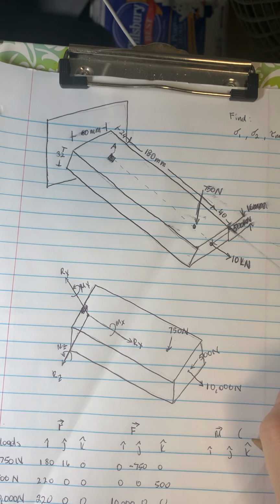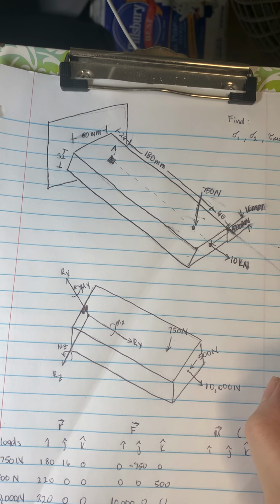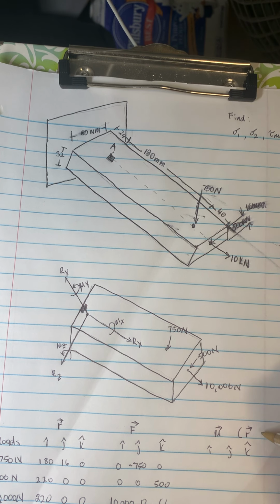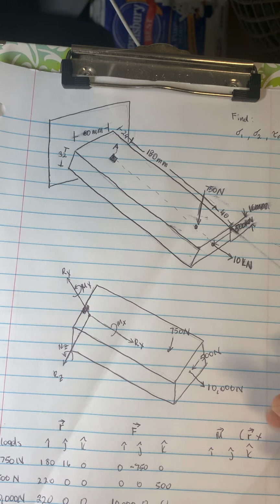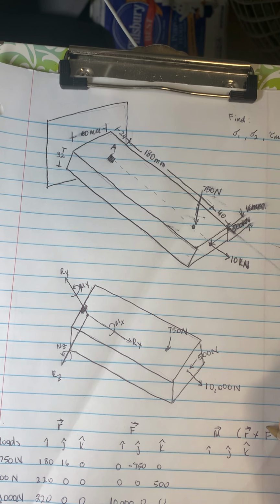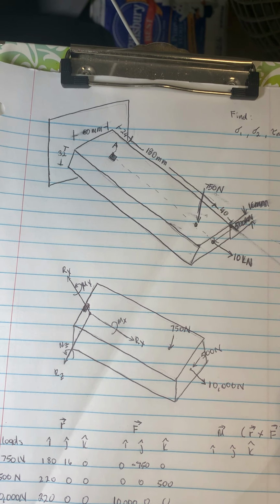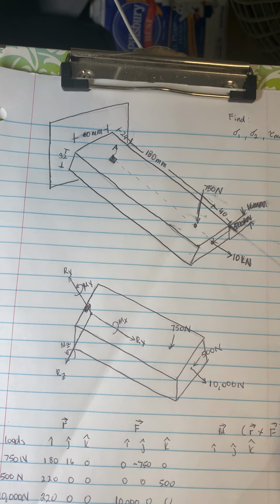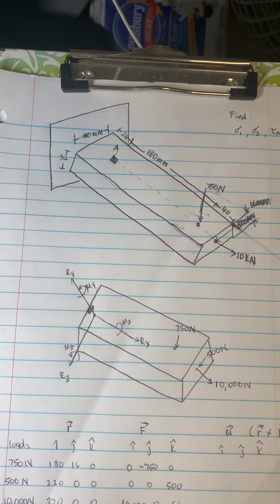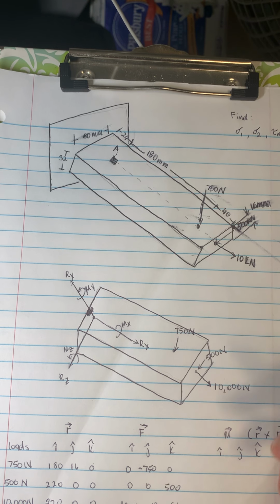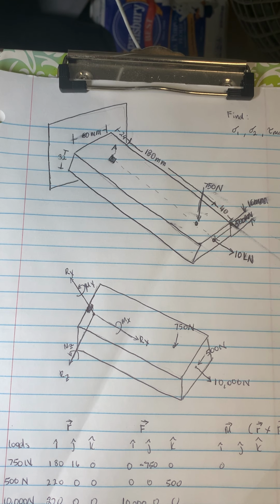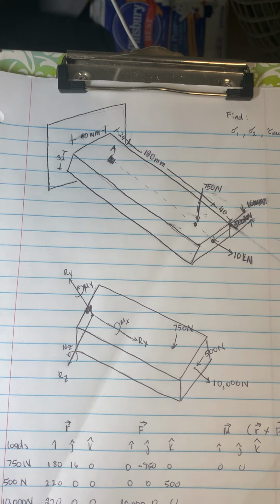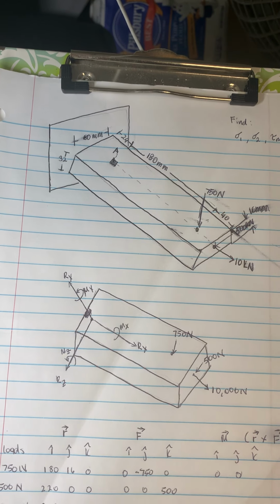So next, moment. A moment is just taking the cross product, R cross F, and the unit for that will be in Newton meter. So I will be 0. This will also be 0.